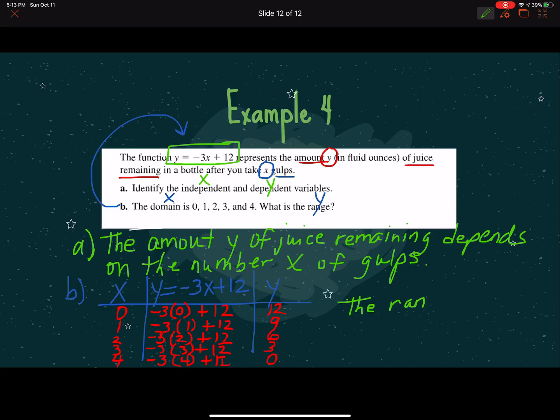So we can say the range is, again, we can list it from least to greatest. This example would probably go in from just reading it from the table of information. So 12, 9, 6, 3, and 0.